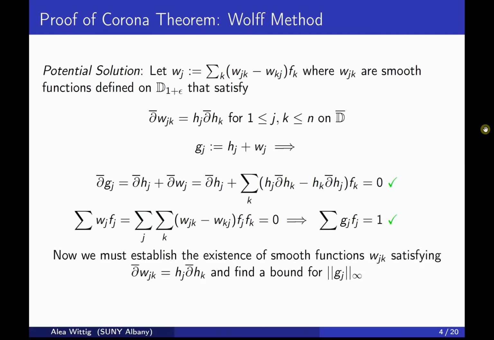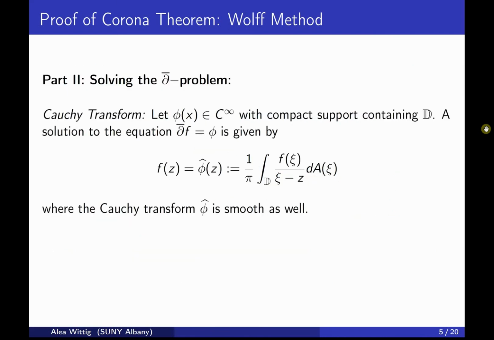Now we must establish the existence of these smooth functions, w_jk, satisfying this new d-bar equation, and find a bound for the supremum norm of g_j. So part 2 of Wolff's proof is just that, right? Establishing the existence of this w_jk. That's going to be given to us through this Cauchy transform.